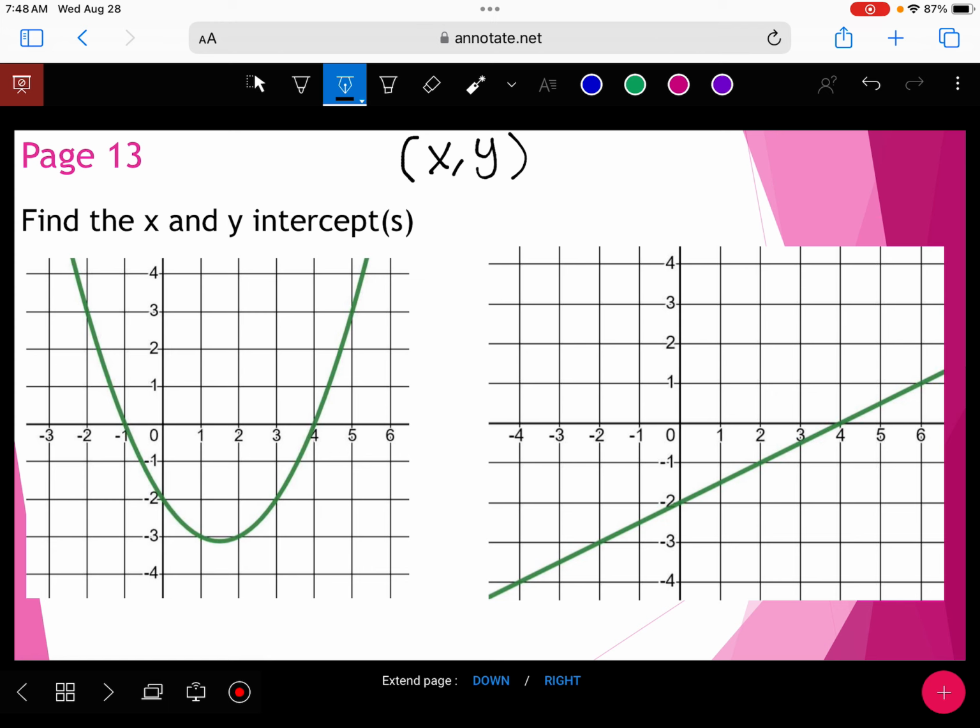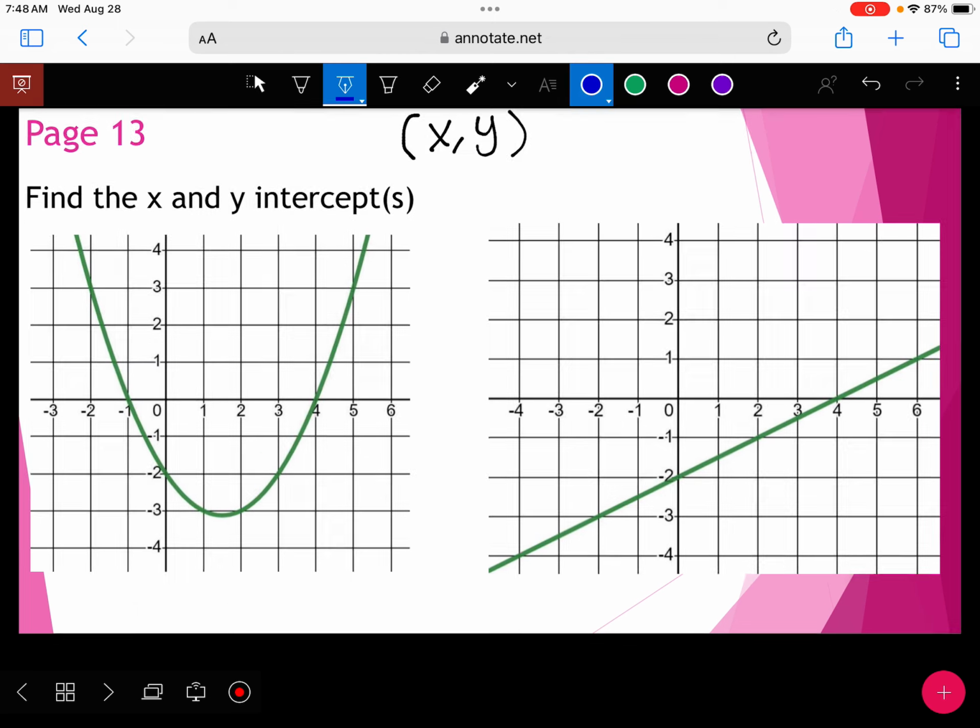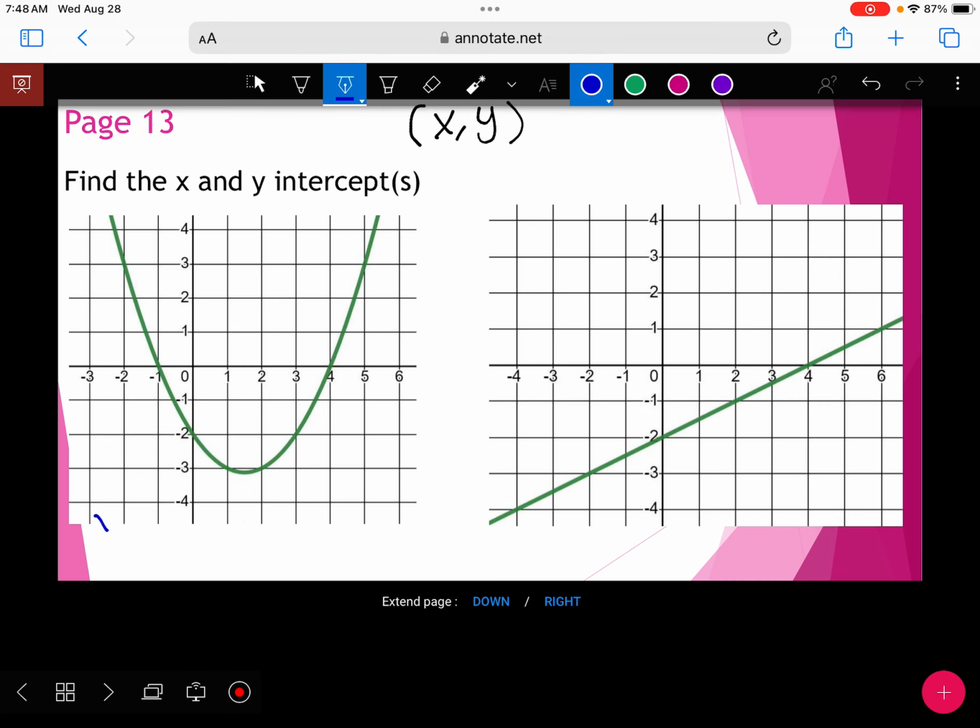That's the way we put the address. We can't switch them, otherwise it'd be like saying Indiana, Indianapolis instead of Indianapolis, Indiana. So my x-intercepts are where it crosses my x-axis. I'm going to put my x-intercepts here. The x-axis is my sideways one, this one here.